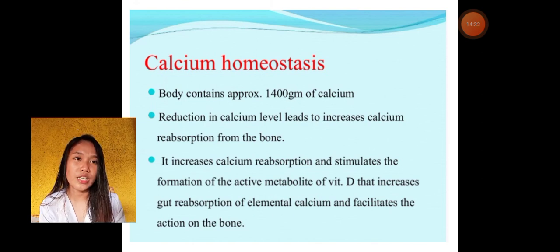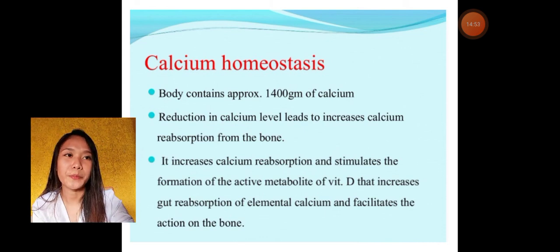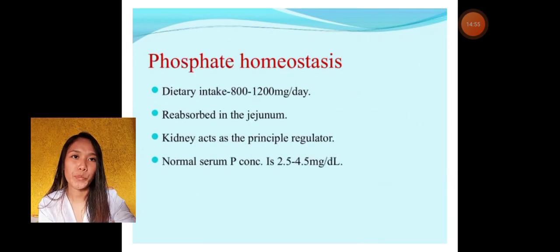Reduction in calcium level leads to increased calcium reabsorption from the bone. It increases calcium reabsorption and stimulates the formation of the active metabolite of vitamin D that increases gut absorption of elemental calcium and facilitates its action on the bone.